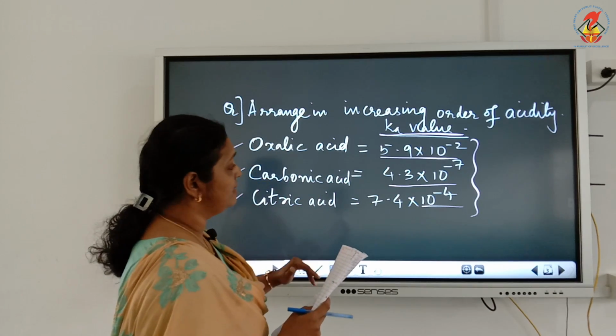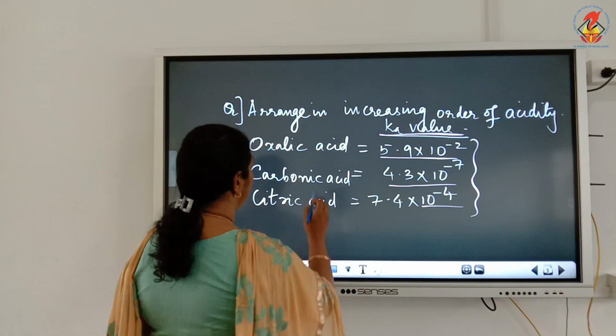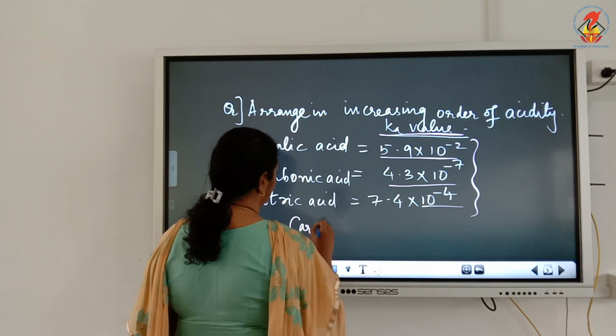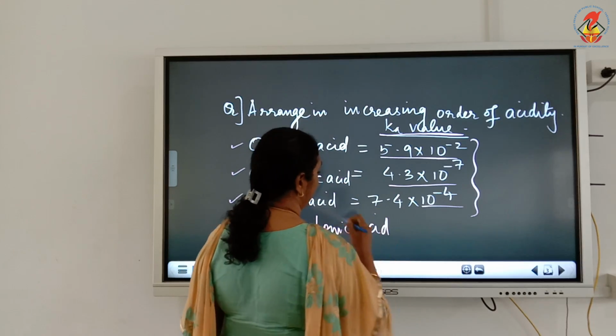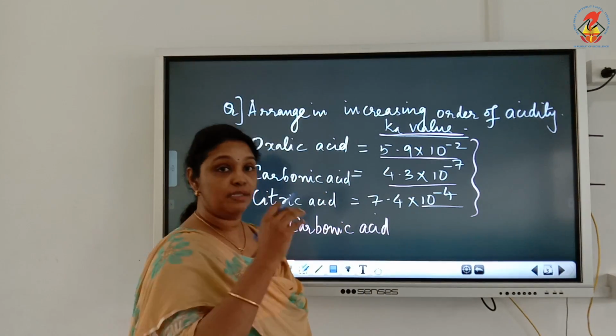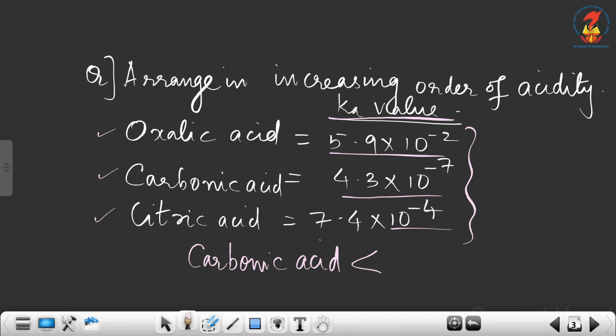The lowest Ka value is for carbonic acid. Increasing order we write from small to big with a less than sign: carbonic acid < citric acid < oxalic acid.